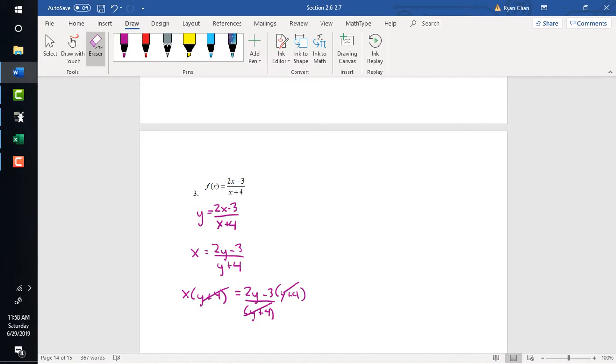That one does not cancel, but the one on the right does. So you're left with xy plus 4x equals 2y minus 3.